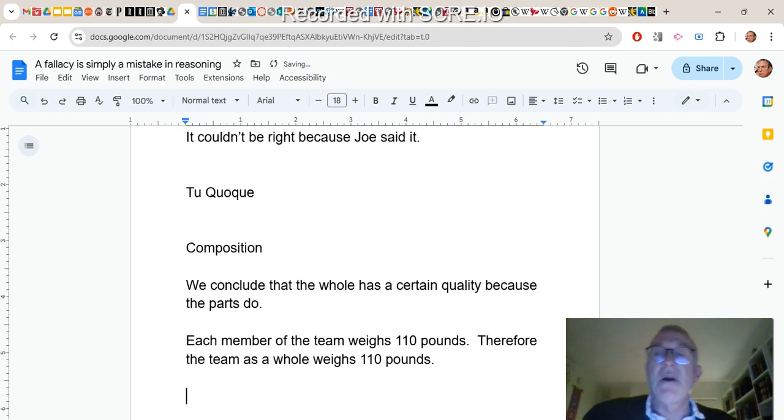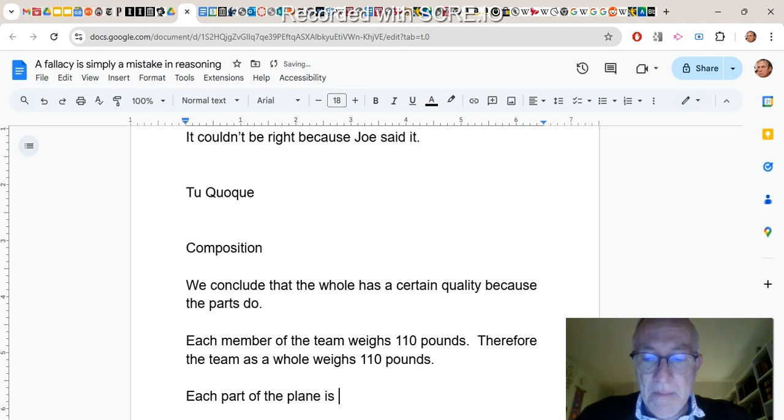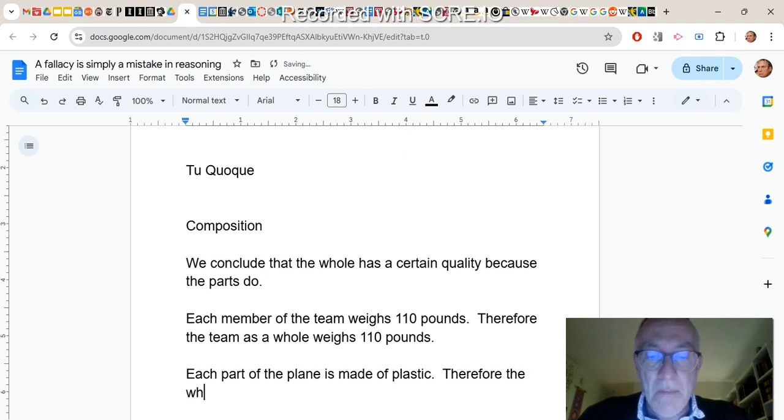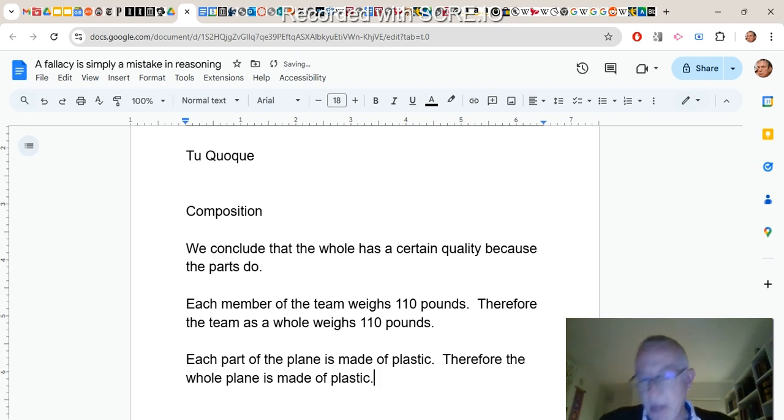But there are certain things where, he says, that is not a fallacy, right? If each part of a plane is made of plastic, then the plane as a whole is made of plastic.